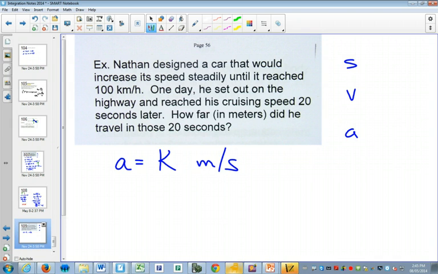Okay, so what does this mean for our velocity? Our velocity will be kt plus c, because we can integrate to go backwards. What's c?